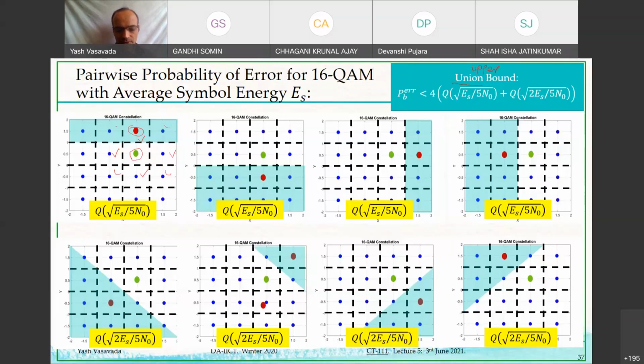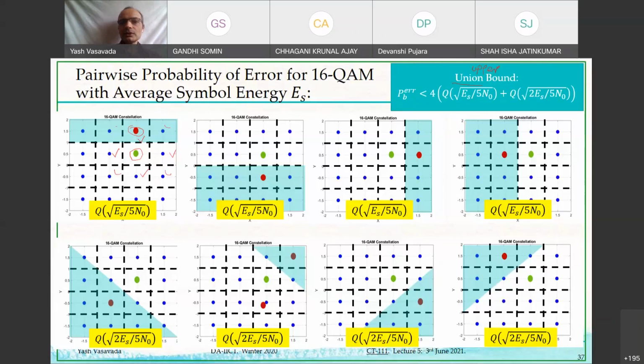So the union upper bound is derived by taking a union of all the nearby symbols. The improved union bound is derived by taking a union over all the nearest symbols only, not nearby. But you have to be careful that when you take all the nearest symbols, that will allow you to integrate over all the nearby symbols as well.